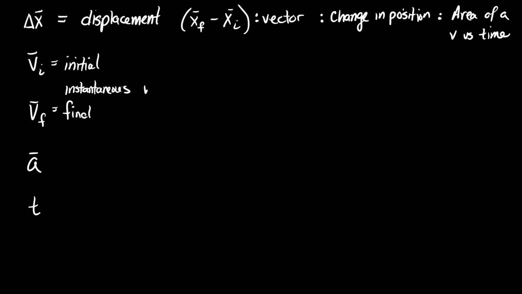Instantaneous velocity. They too are vector quantities. By definition, velocity is a rate. The rate of change of position.